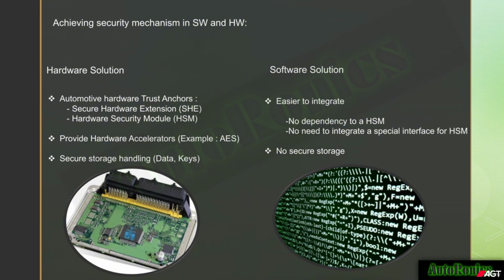We'll first start with the hardware solution where we use two hardware anchors, which are SHE, which is nothing but secure hardware extension, and the other one is HSM, which is nothing but hardware security module. SHE supports only symmetric algorithms like AES, and HSM is the next variant, so it supports both symmetric and asymmetric algorithms.